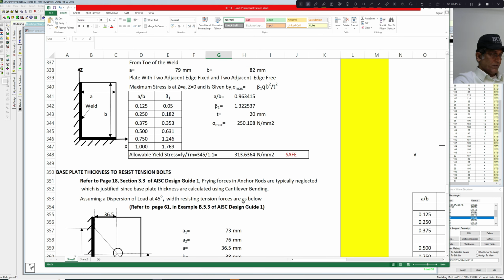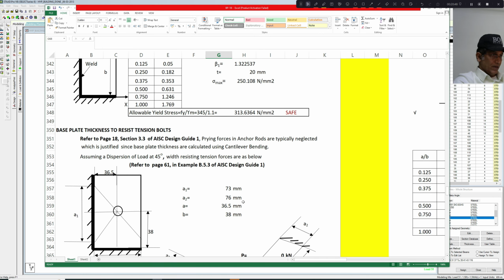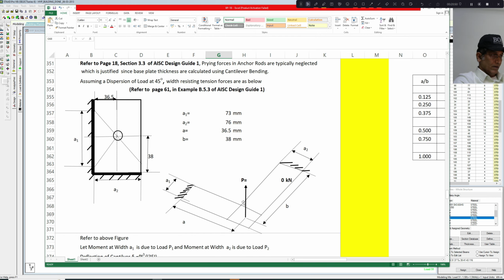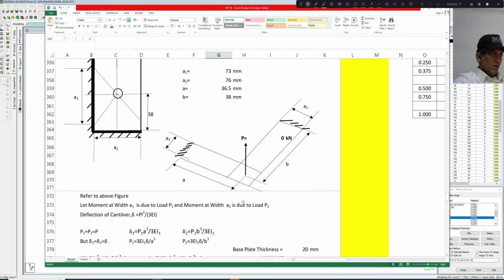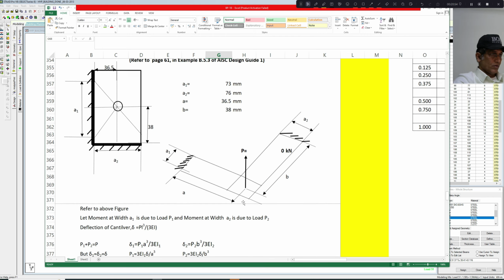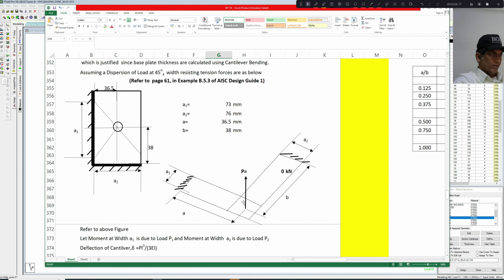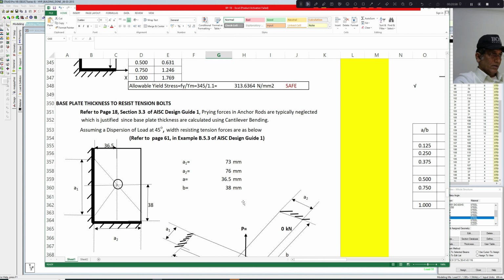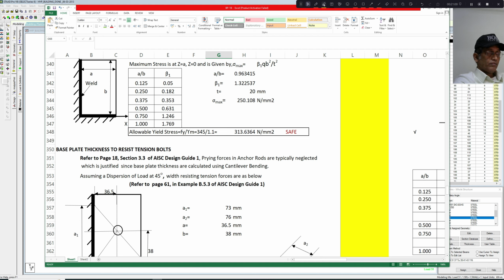So this has been considered from the tension case, and this is the case which has been considered for compression case. This is for compression. So next will be when there will be tension in the bolt.